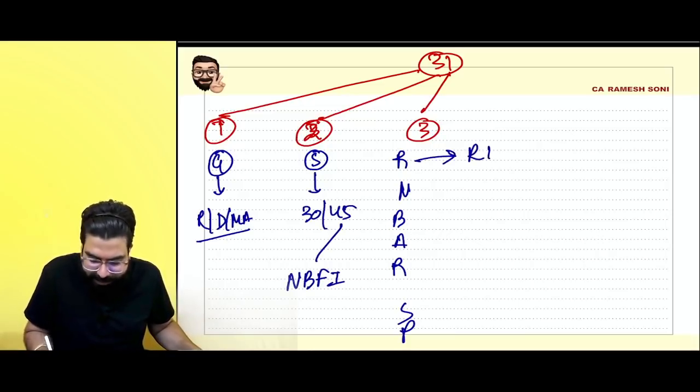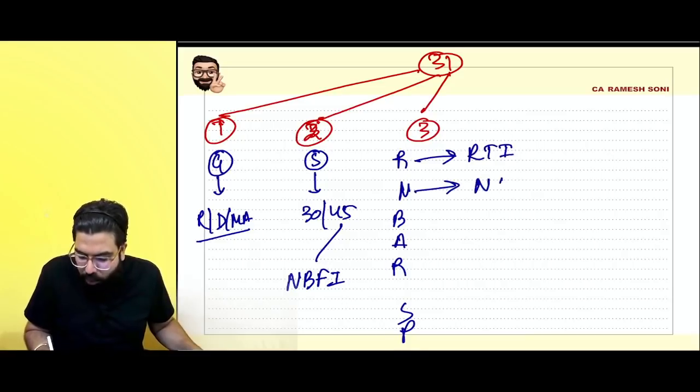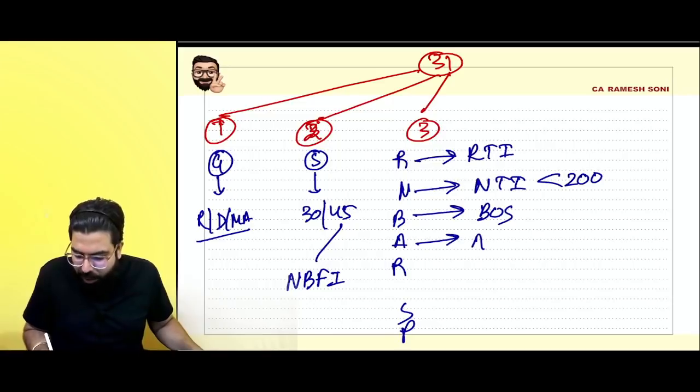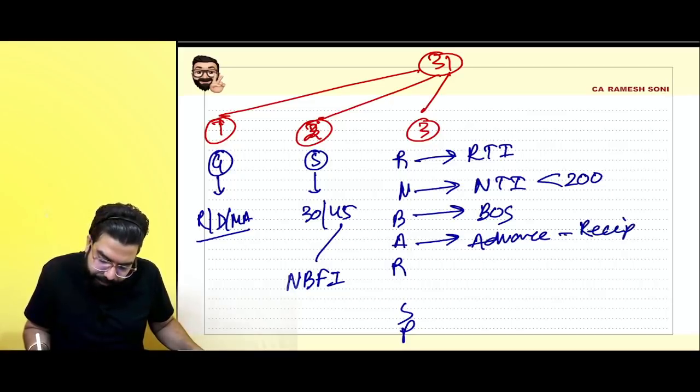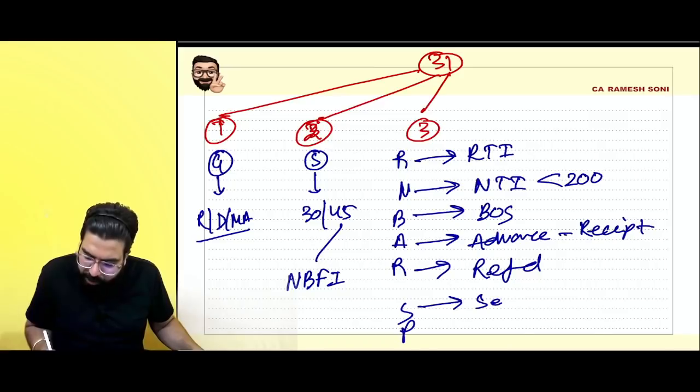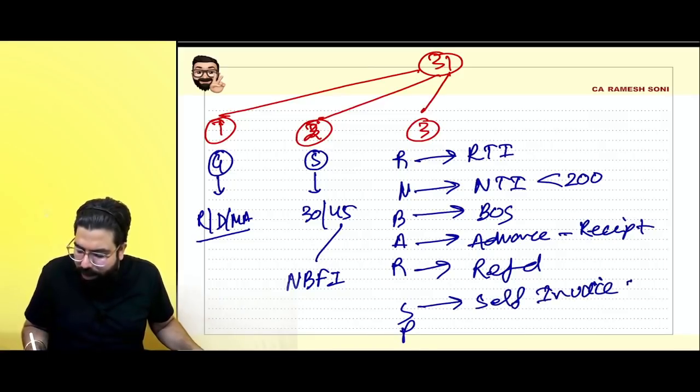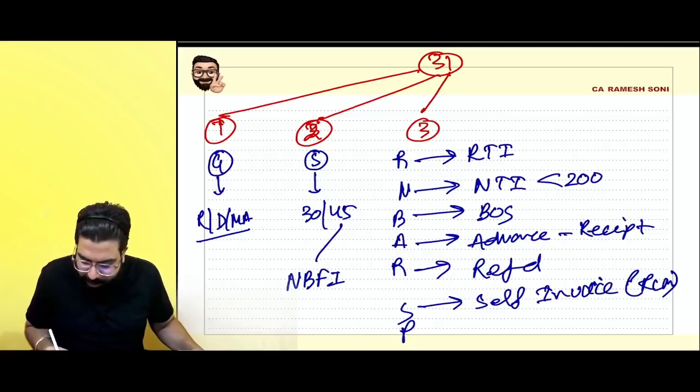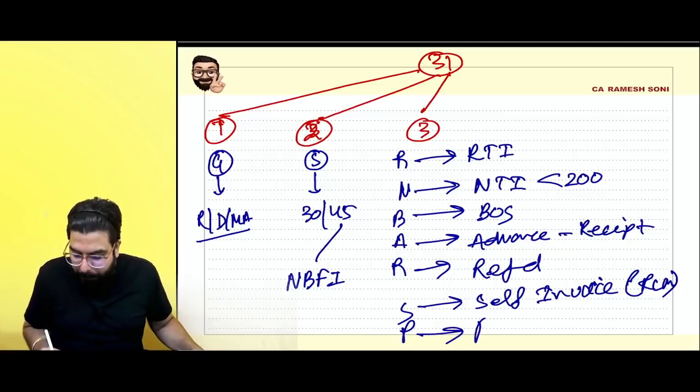R for revised tax invoice. N for no tax invoice if the value of supply is less than 200. Sir, bill of supply. A for advance, in which case a receipt voucher. Sir, in case of refund, a refund voucher. S for self invoice, if you are receiving supplies on which you are required to pay GST under RCM. And P for payment voucher.